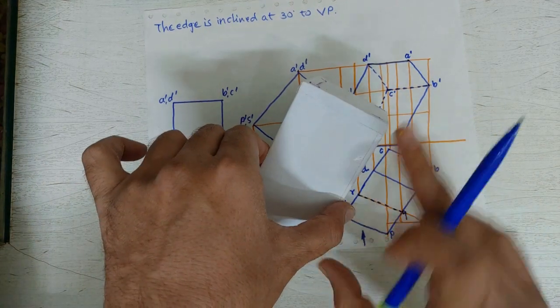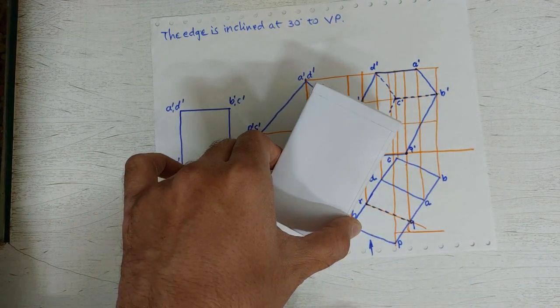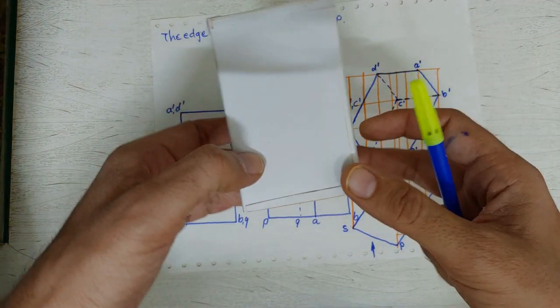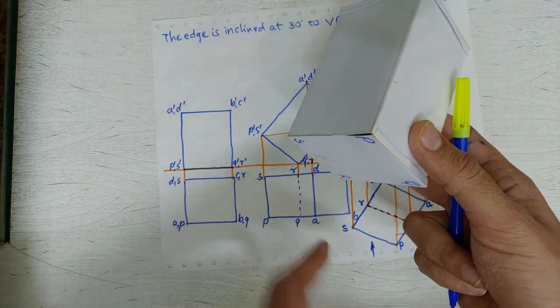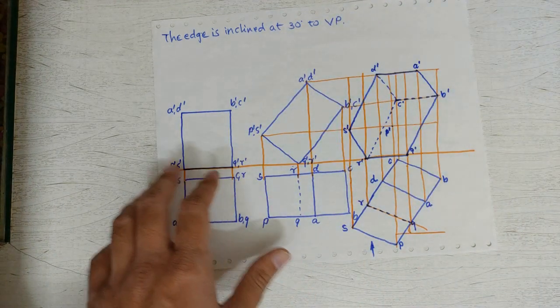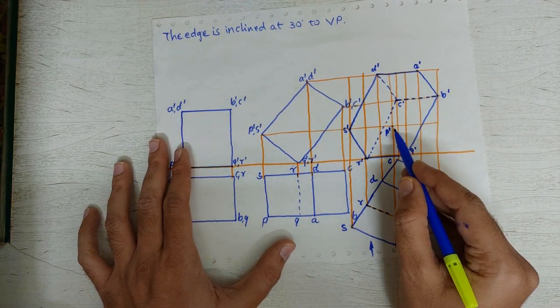Now we are observing this solid from this side, right? So it must be in front of you like this. Okay, so when you are observing it from this side, point P is directly in front of you, so that cannot be hidden.